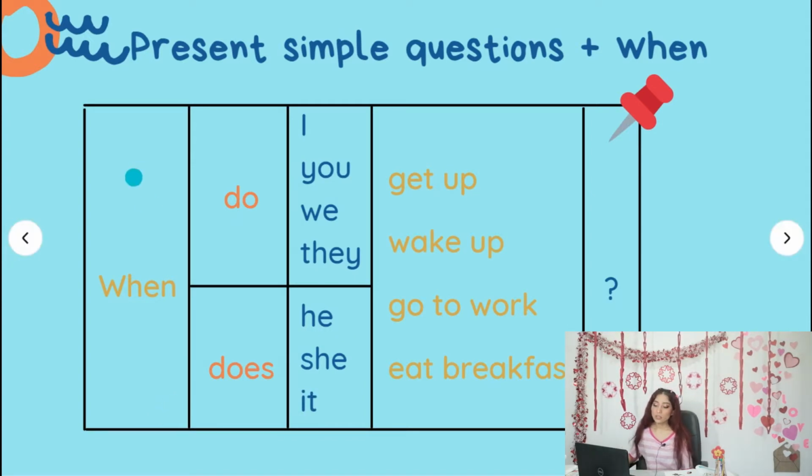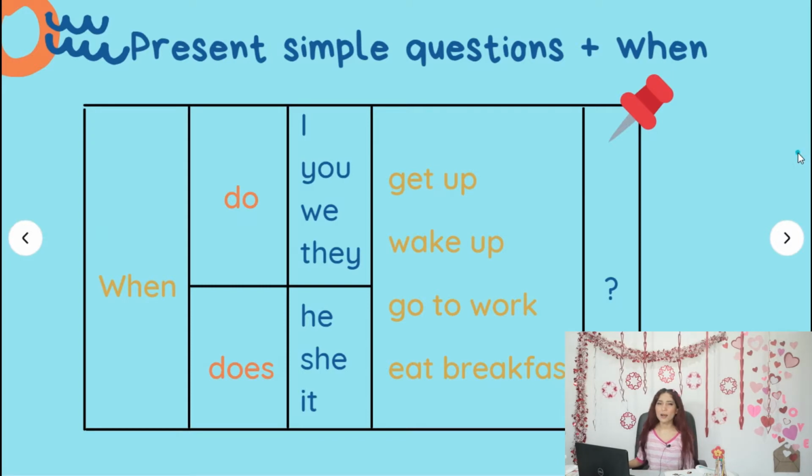That's it. So you're going to write when, do or does. Vamos a escoger solo uno, no puedes usar do and does, okay? And then the personal pronoun, that can be any of these. And next to it, the verb or the vocabulary of the daily activities. When do you get up? When do they get up?